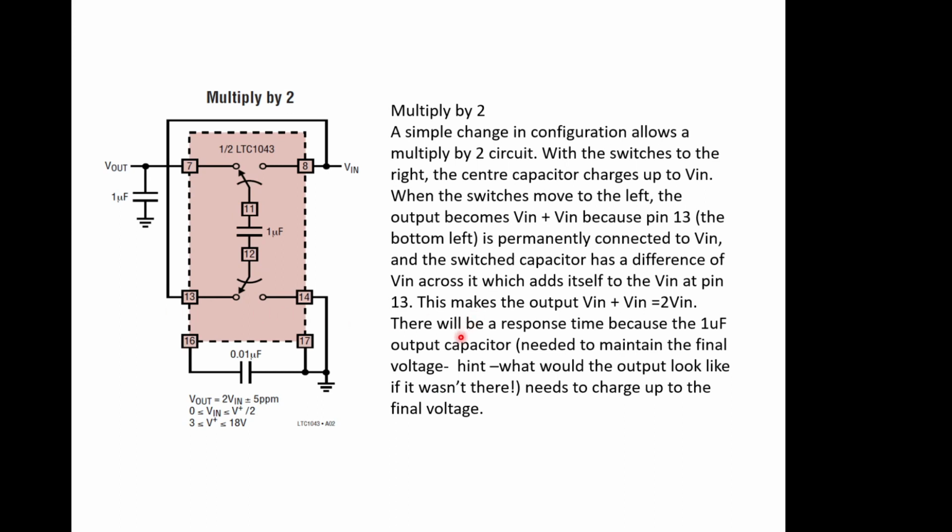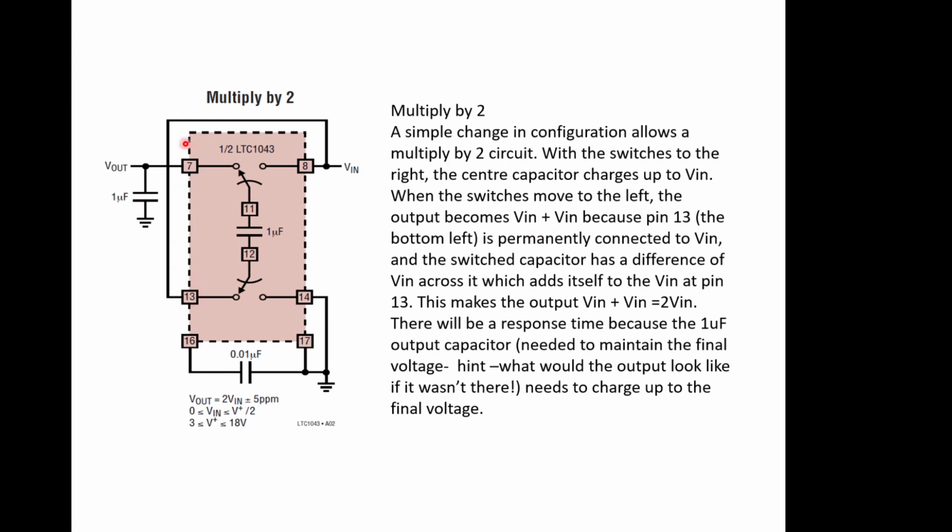We can do the same with the multiply by 2, just by rewiring it a little bit. With the switches to the right, the center capacitor will charge up to V in. Is that right? So we switch to the right there. Yes, because we've got V in over here now. So that will charge up through there. When it switches to the left, the output becomes V in plus V in, because pin 13, the bottom left, this one here, is permanently connected to V in.